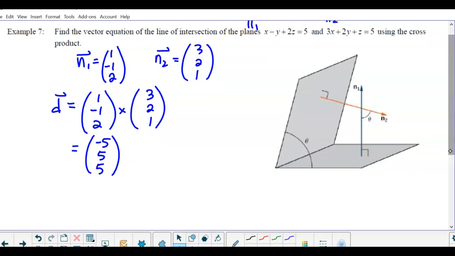So to get the actual line of intersection, we want to solve this system, and you can use your calculator, right?